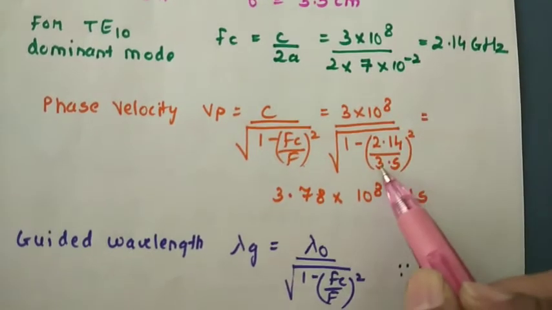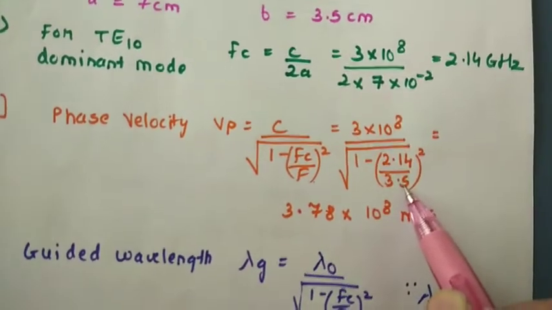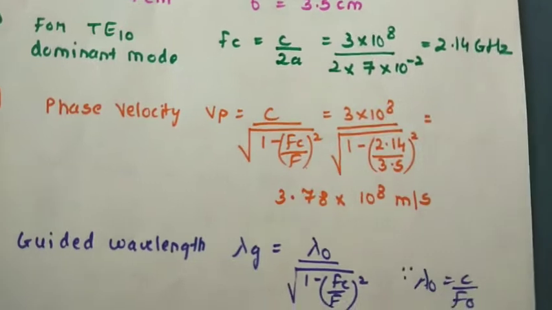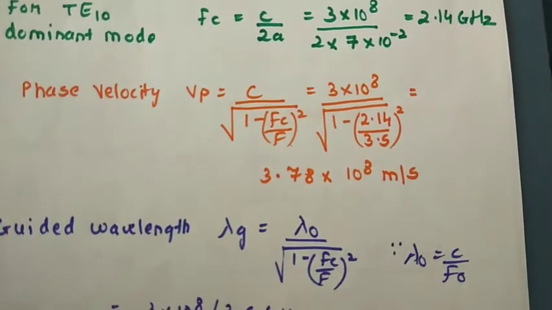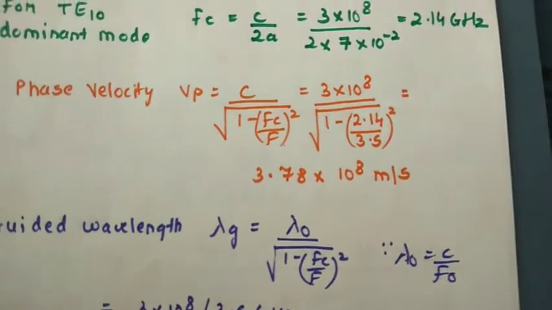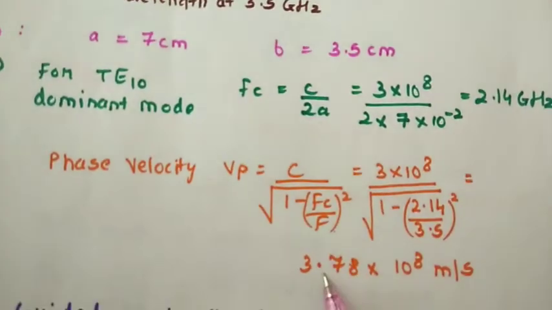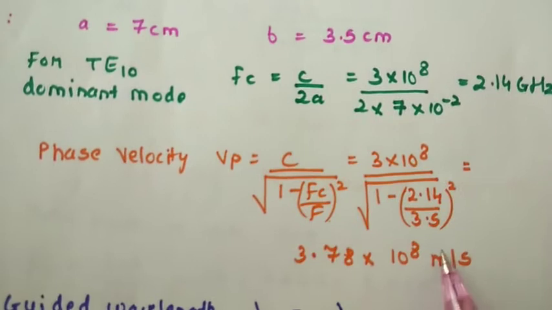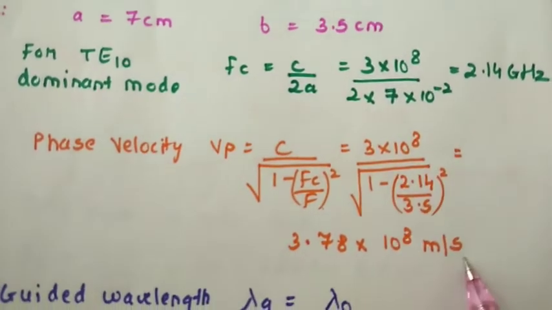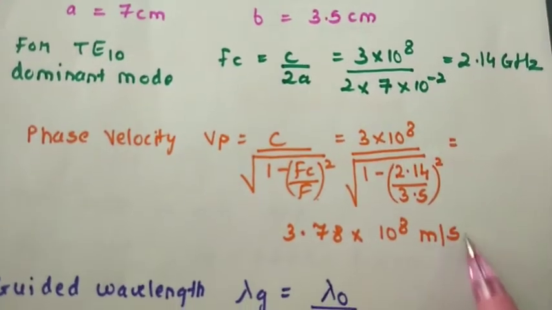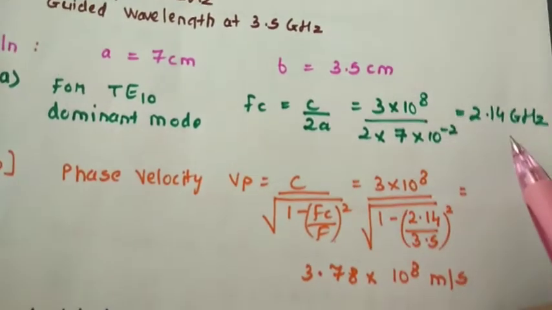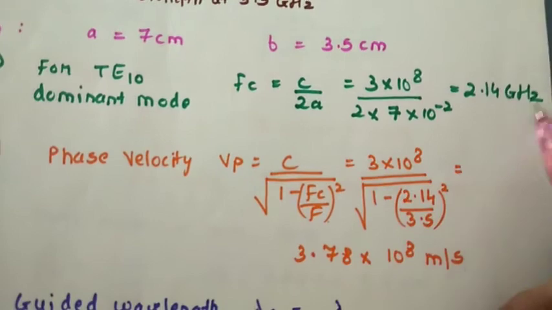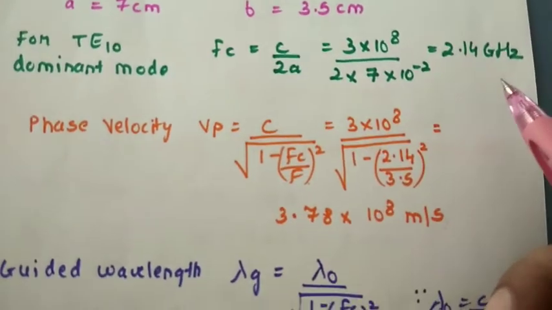We will substitute here, and the operating frequency is 3.5 gigahertz they have mentioned. Calculate this and we get phase velocity 3.78 into 10 raised to power 8 meter per second. Now remember the unit. For phase velocity it is meter per second, and for the cutoff frequency it is gigahertz.